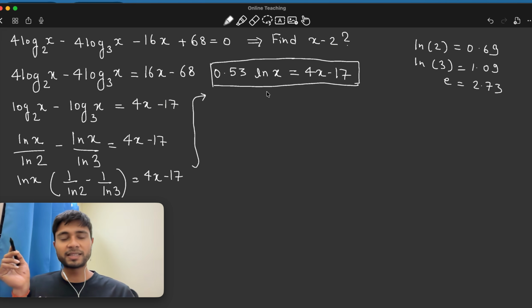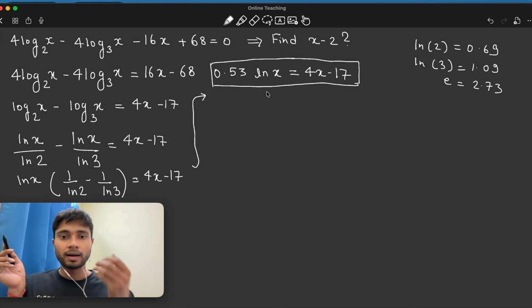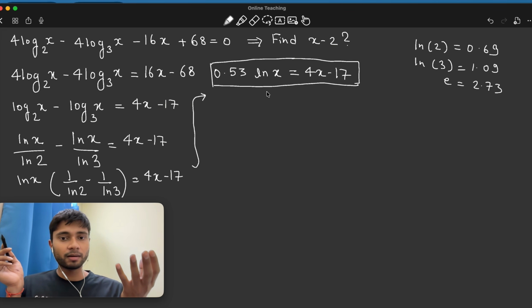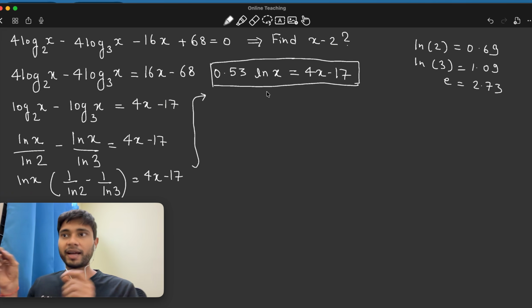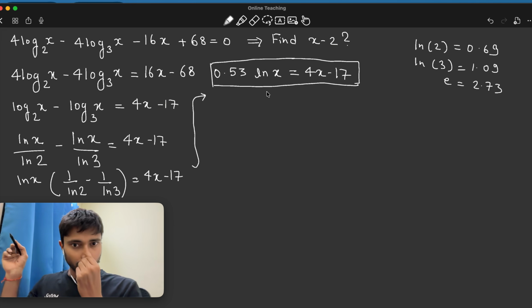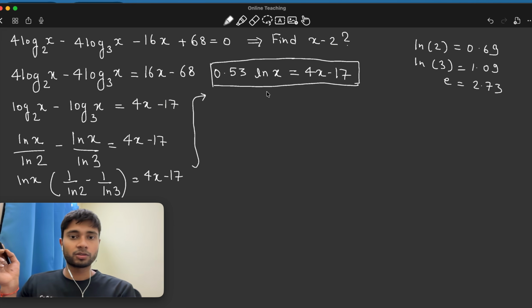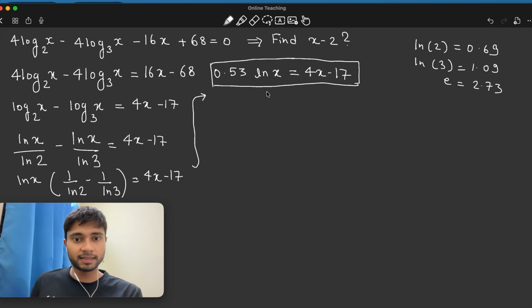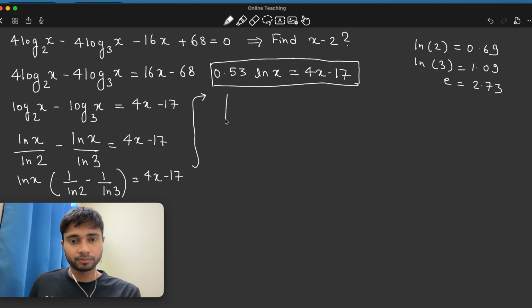Basically, I am drawing the left hand side in a graph, similarly I am drawing the right hand side in a graph, and seeing where these two intersect. So this was my approach. Let's see. Let's draw the xy axis.